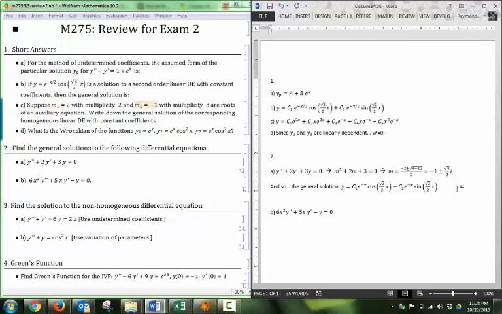So this looks like it's a Cauchy-Euler equation, and so we're going to assume our solution is of the form y is equal to x raised to the m power. So instead of e raised to the x times m, our solution will look like this.